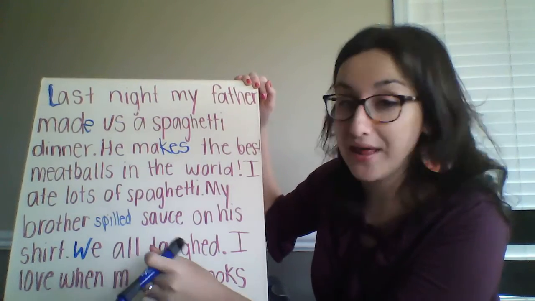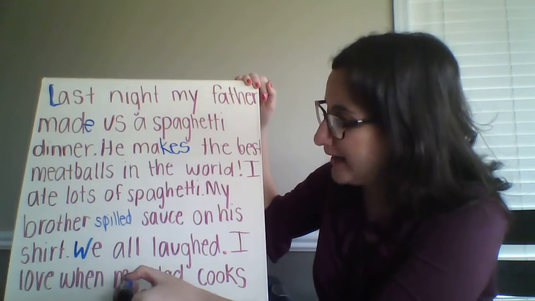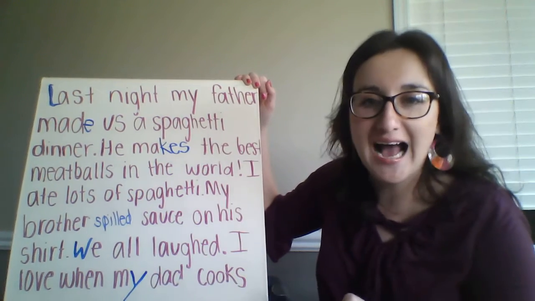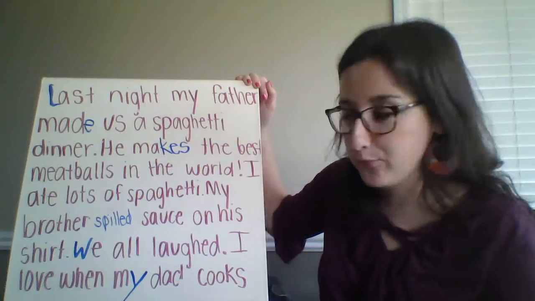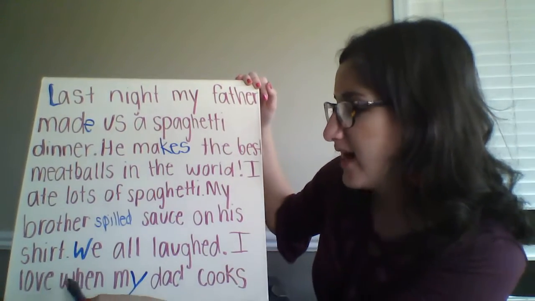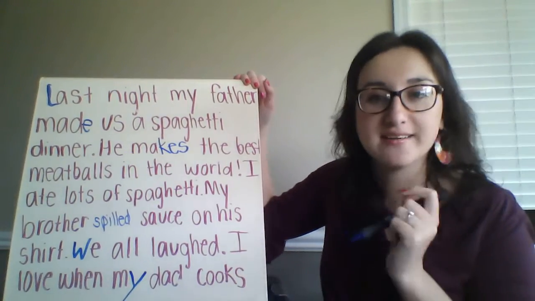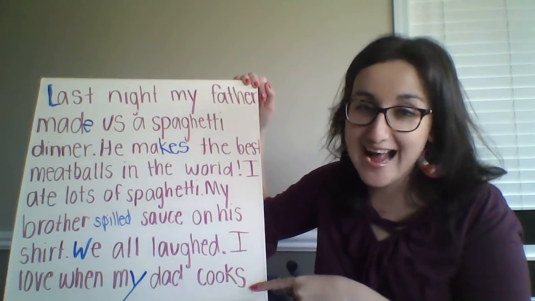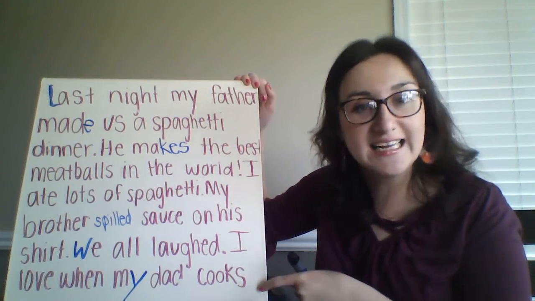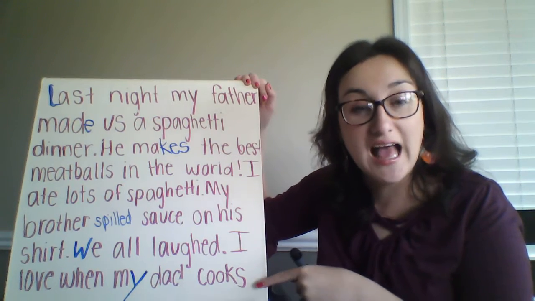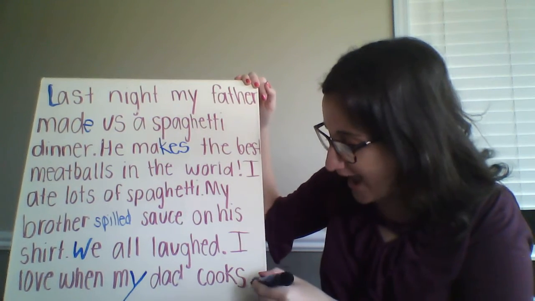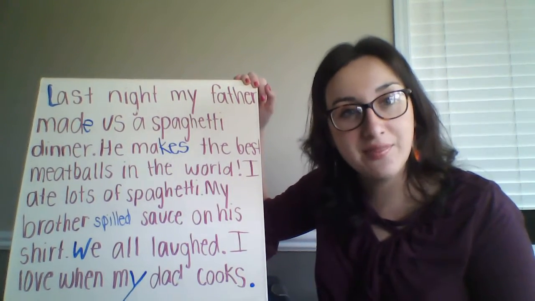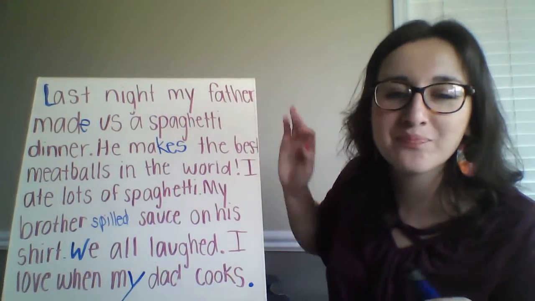I'm going to take away the E in me and make it a Y so that this word says my. And the sentence would then read, I love when my dad cooks. Now, I can't stop yet because at the very end, I need to have ending punctuation. I'm going to go ahead and add a period here, and then I can stop.